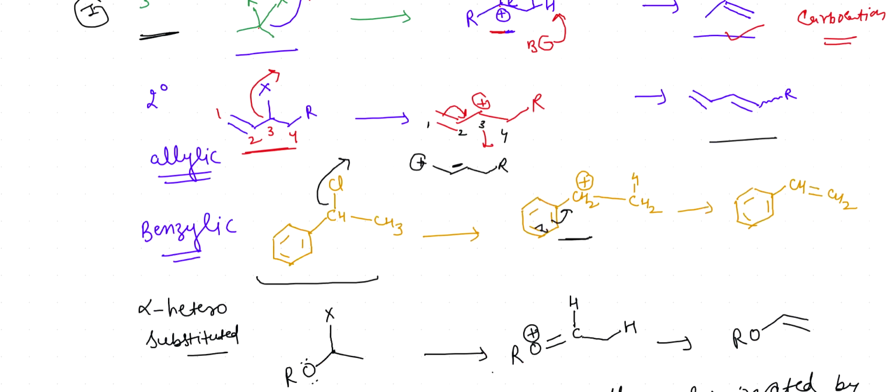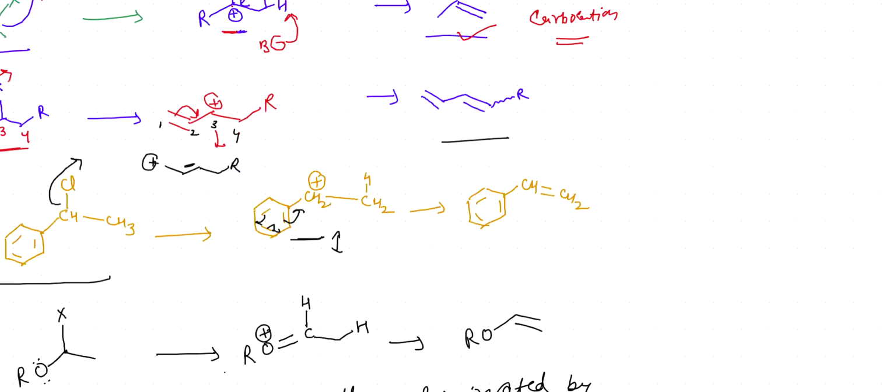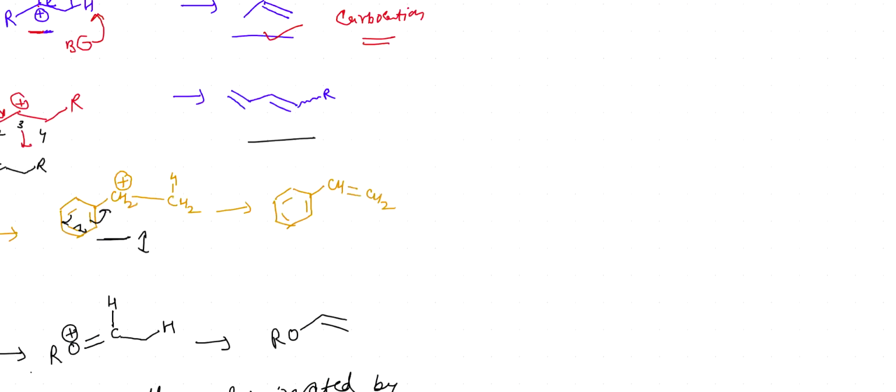There will be formation of so many resonating structures, and thus this carbocation will be stabilized. So I would like to draw the resonating structures of benzylic group here so that you can understand the concept more clearly, how this can stabilize the carbocation.